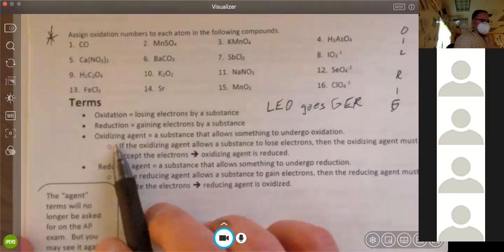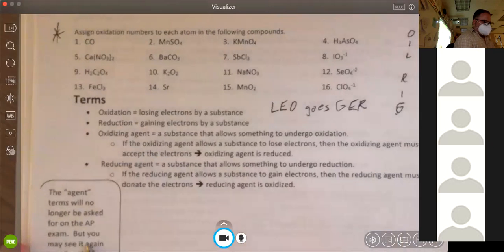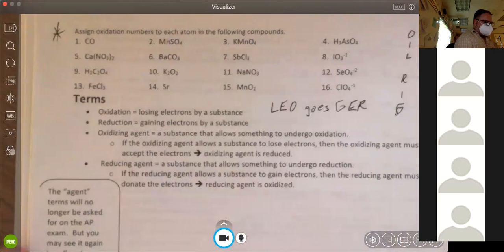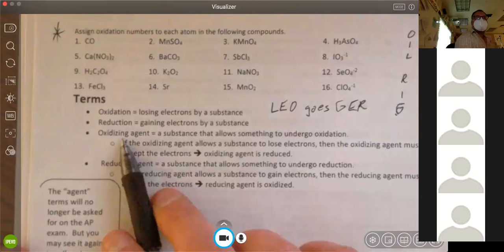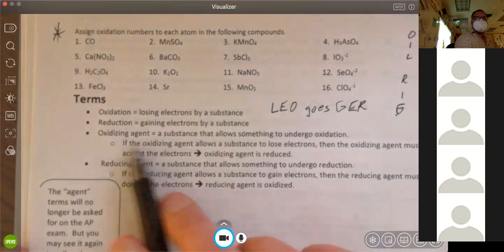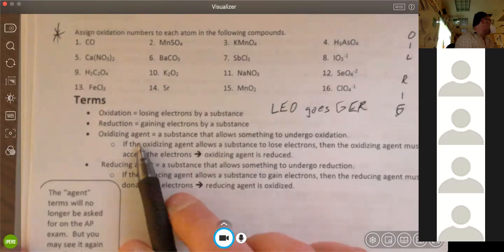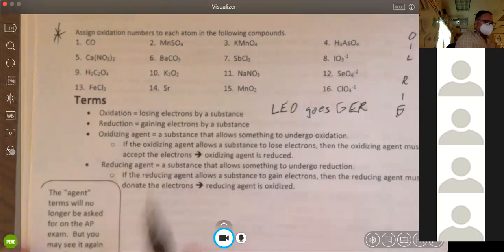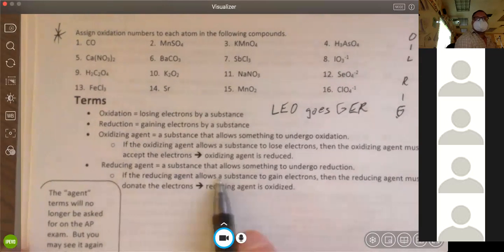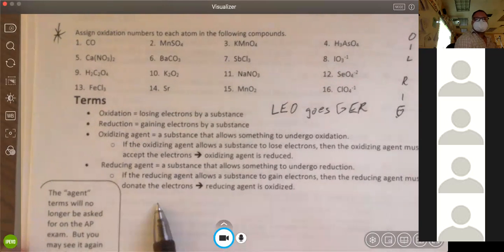Now, apparently they don't use this agent thing in the AP exam much anymore, but the oxidizing agent is the thing that does the oxidizing, just as, for example, the cleaning agent is the thing that does the cleaning. The reducing agent is the thing that does the reducing. So here's the cool thing.